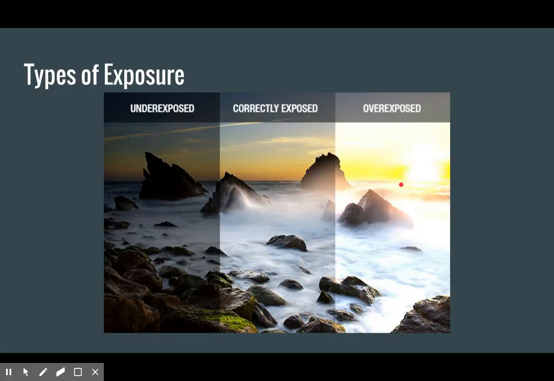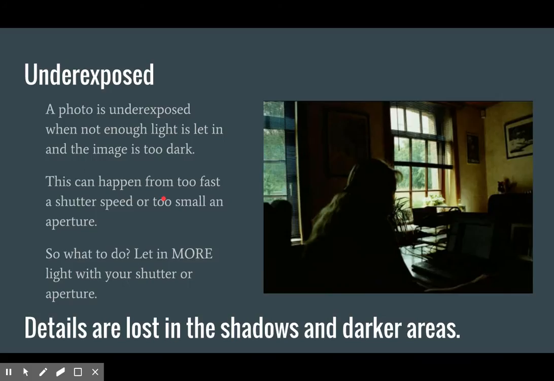If I don't let enough light into the camera, then I get underexposed, where it's just way too dark. Yeah, I have more detail in my highlights here, but it would be so much cooler if I could see more details here, but it's just gotten too dark. So again, underexposed is when a photo is not getting enough light.